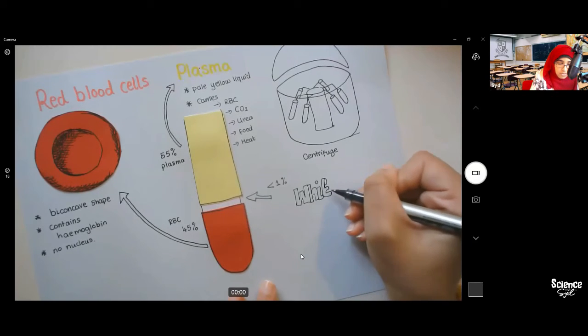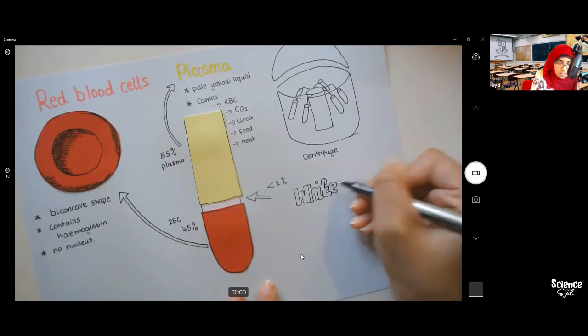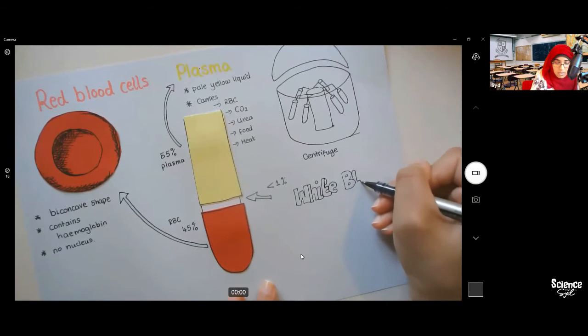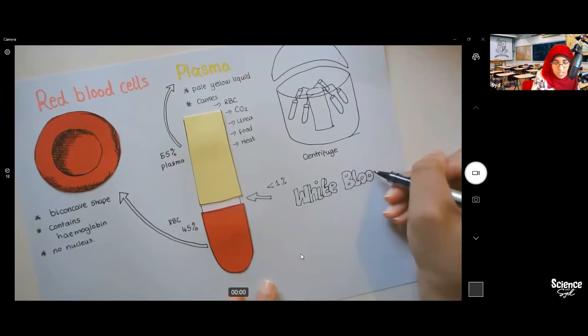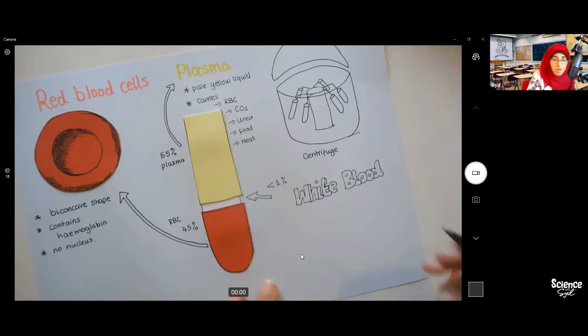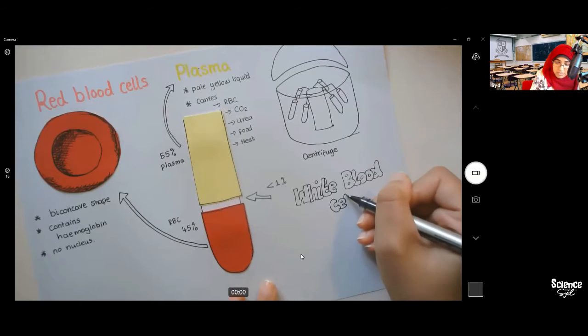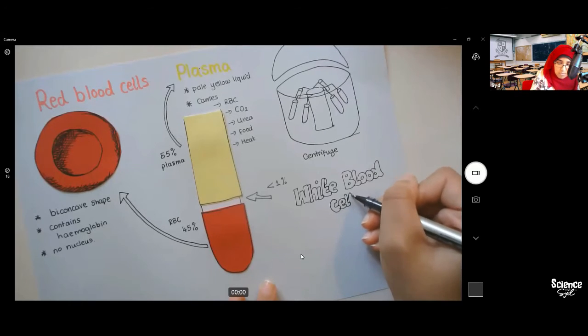White blood cells. What do you think this gets shortened to? Have a look at what we shortened red blood cells to. What do you think white blood cells gets shortened to? Any ideas?